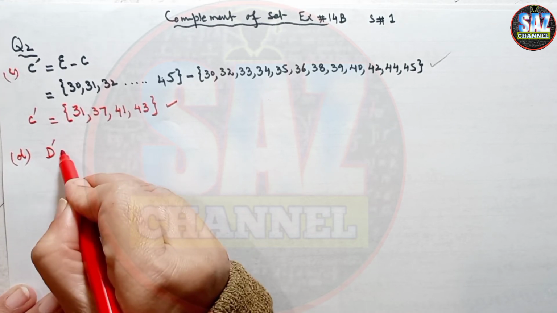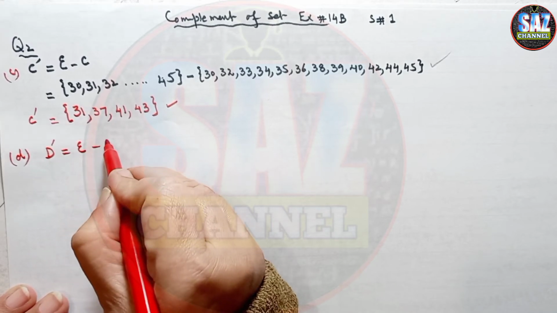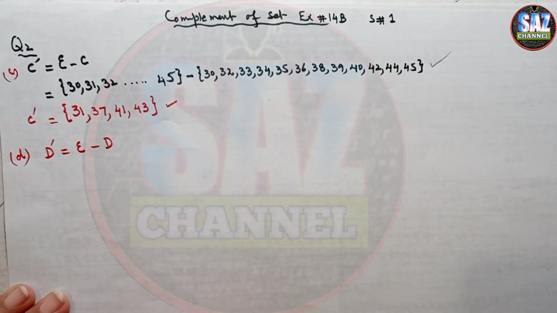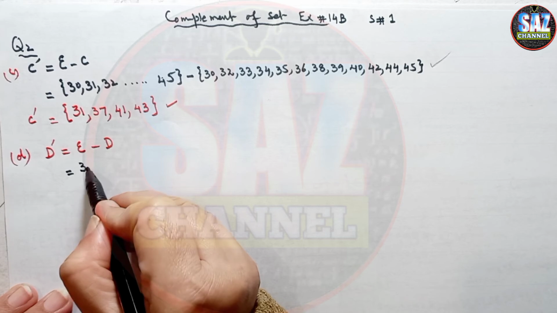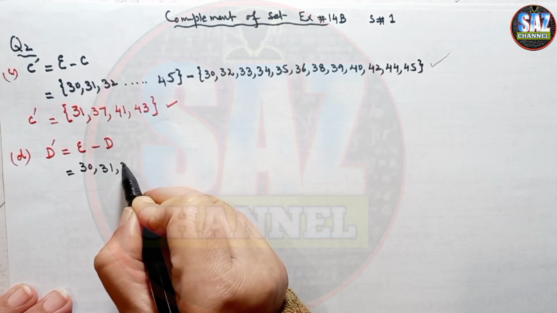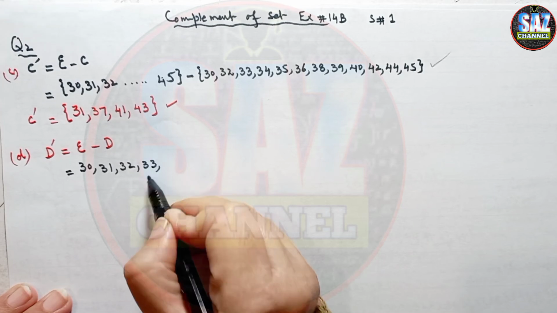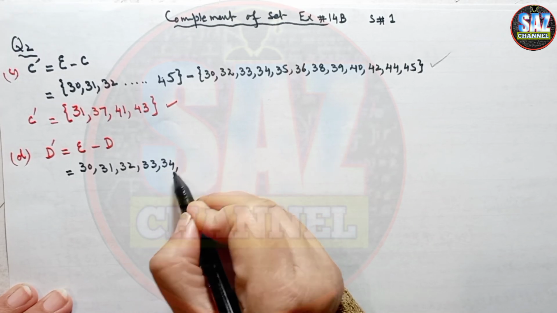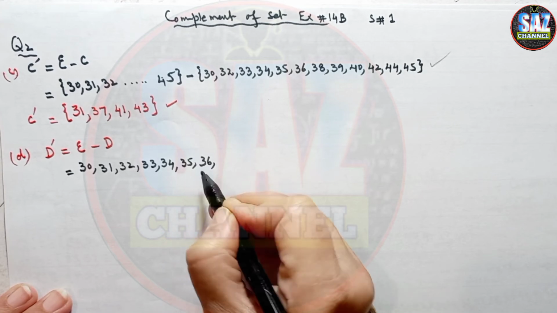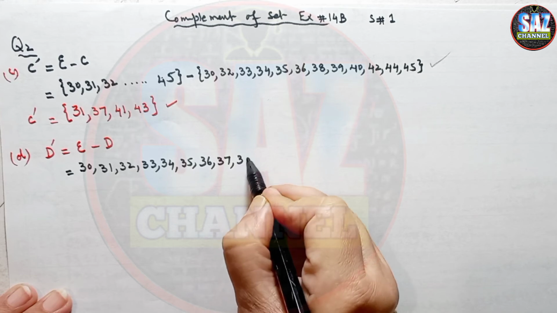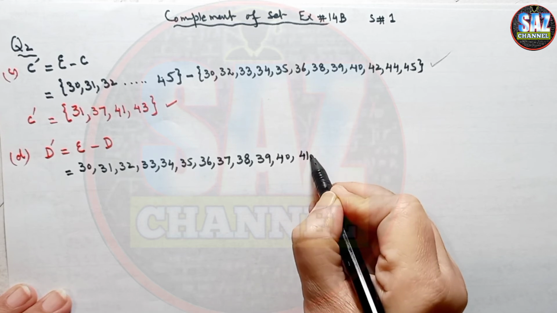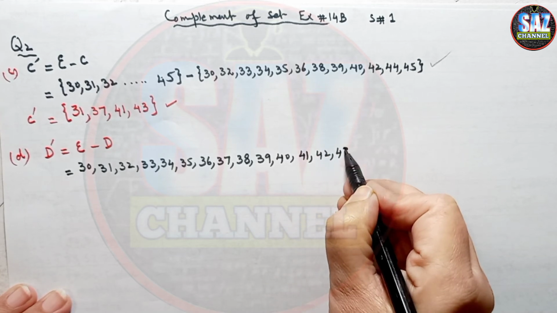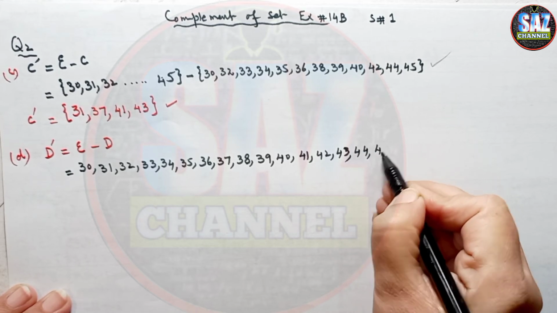D complement is universal minus D. Now what I have to do, I have to take away the elements of D from universal, and universal is consisting of elements 30, 31, 32, 33, 34, 35, 36, 37, 38, 39, 40, 41, 42, 43, 44 and 45.